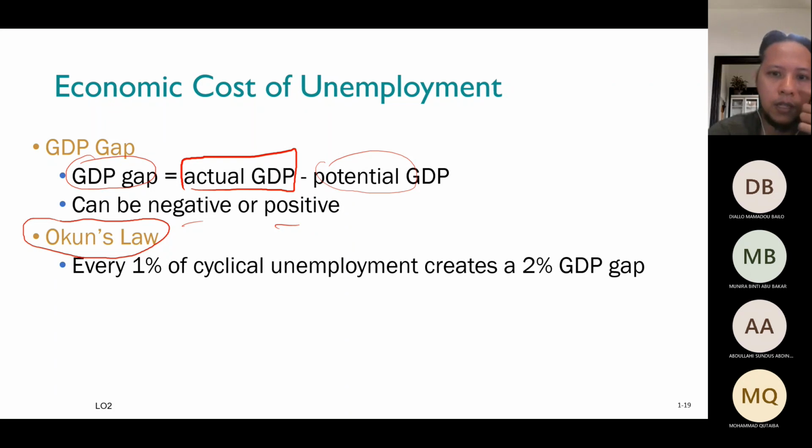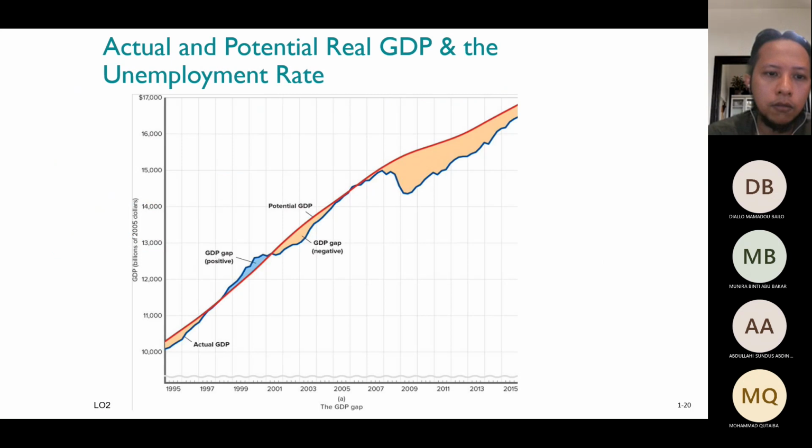Okay, so this will be basically a loss of 2%. If you have 1% unemployment, a 2% GDP gap will happen. So if you have 2% unemployment, then there will be a 4% GDP gap. So it will be double the gap.